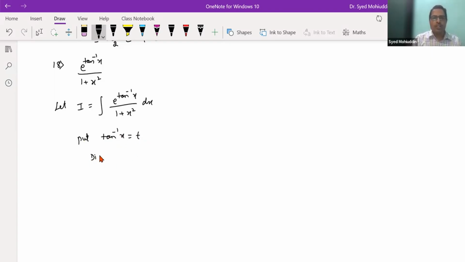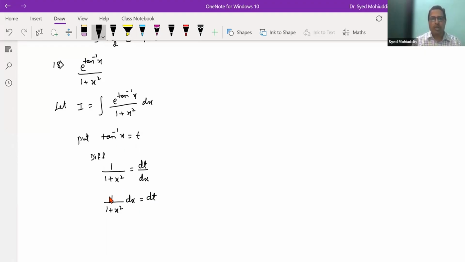So let's try to differentiate. What will be the differentiation of tan inverse of x? 1 by 1 plus x square. So here itself we can see that value. So 1 by 1 plus x square is equals to dt by dx. Now I want 1 by 1 plus x square into dx. So cross multiply the dx. You'll be getting 1 by 1 plus x square multiplied by dx is equals to dt.